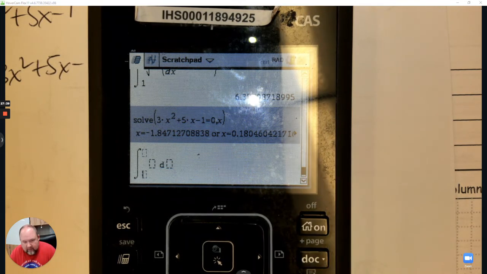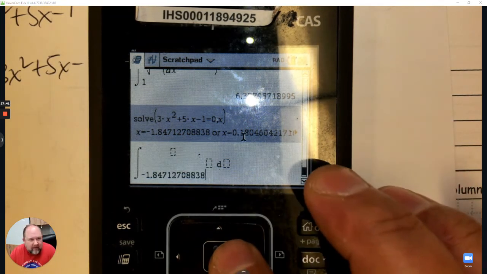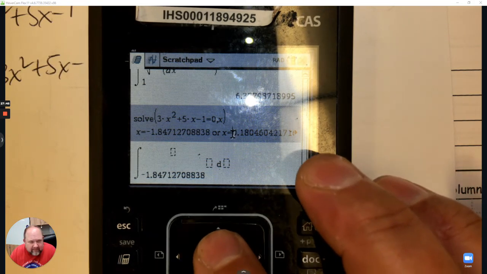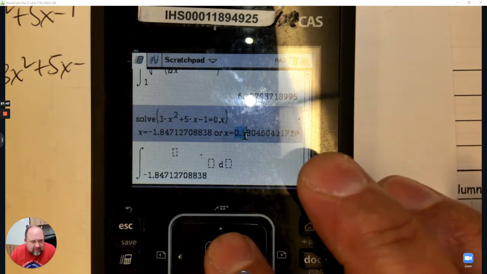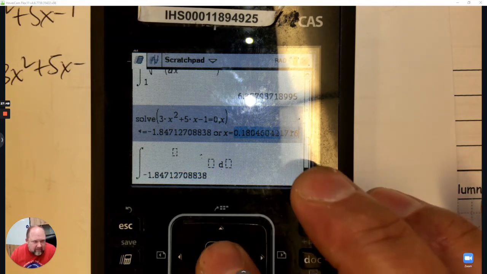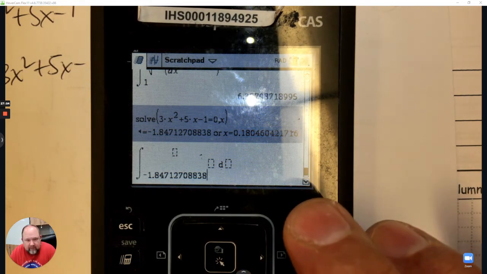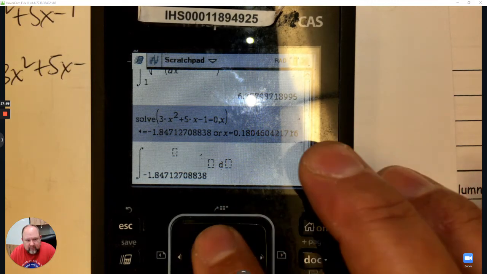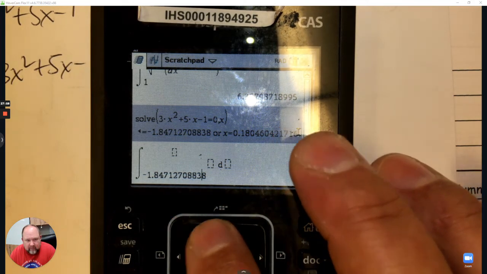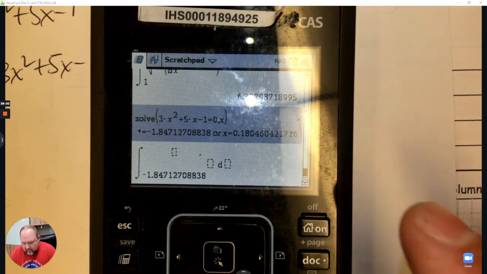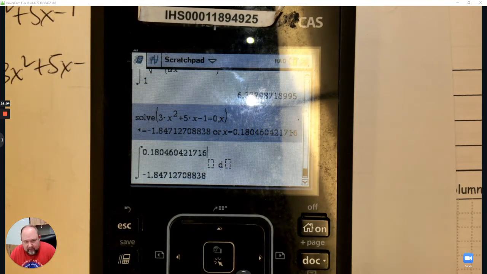Control V. And I'm going to do the same thing. I hope I can do it. Click it, press down, and move to the right. There it is. Control C. Control V. Alright, so there's my lower and upper bound.